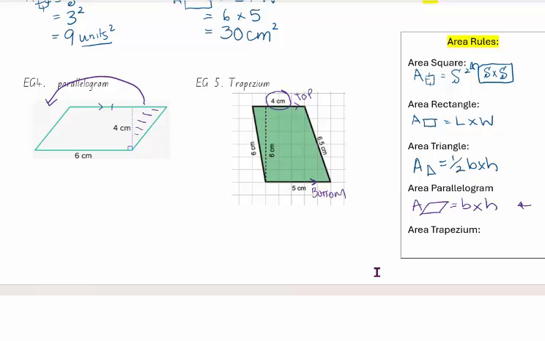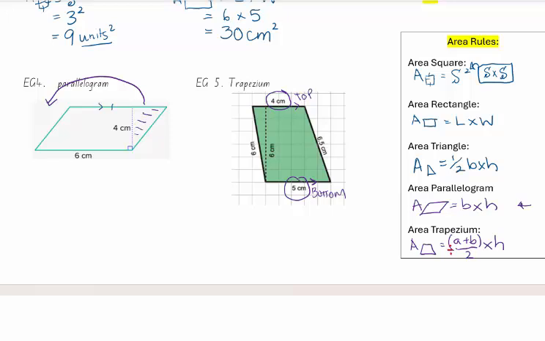But it's the same sort of concept. What we do instead is we take the average of the top and the bottom. So I'm going to write the rule for it. Equals A plus B, so the top plus the bottom, and it has to be the parallel sides. And because there's two of them, we divide by 2. Now, hopefully you remember when it's a fraction, it means it's divide, times by the height.